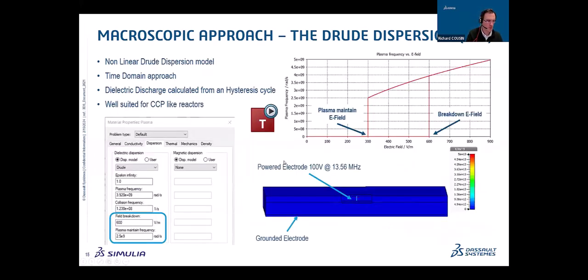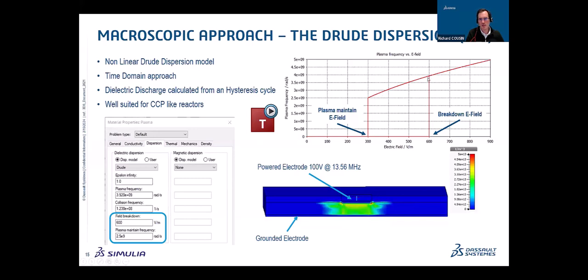So let's have a look at a particular example. Here, I'm using the Drude dispersion model, the nonlinear Drude dispersion model. So how does that work? You've seen this part of the dialog box previously, and we can also enter the field breakdown and the plasma maintained frequency. So that means that here, if you use the time domain solver, which is available with this technique, as soon as you reach the breakdown E field, then you initiate a plasma with a certain plasma frequency.